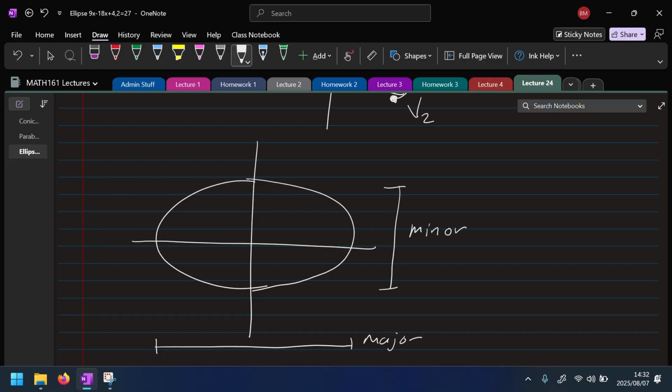Depending on which is larger between a and b, you either have the major axis going horizontally, when a is larger, or vertically, when b is larger. And these points here will be 0, minus b, 0, b, a, 0, and minus a, 0. That was from last time, so just keep that somewhere in your book so you can refer to it.